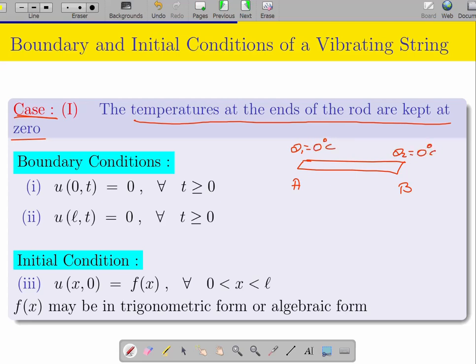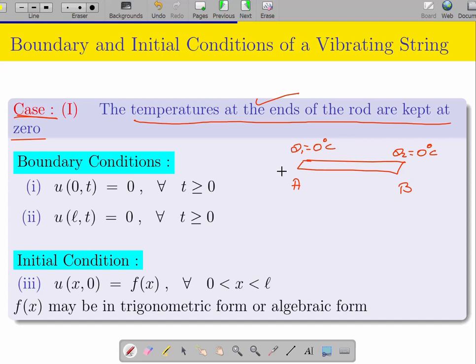Both ends being 0 comes under type number 1. The temperature at the ends of the rod is kept at 0 temperature.